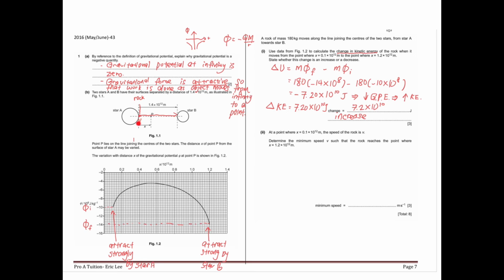Of course, the faster the rock, the easier for it to overcome the gravitational attraction. But the thing is, they want minimum speed. Okay, minimum speed. We want a speed which is just enough to overcome the attraction of star A, and at the same time make the rock reach star B. Okay, just enough to overcome the attraction.